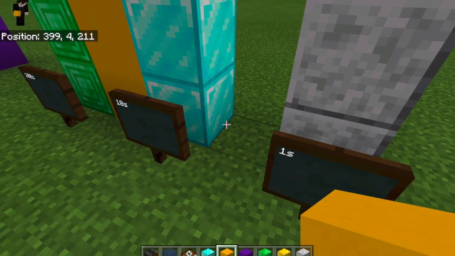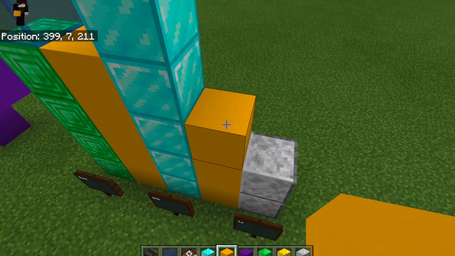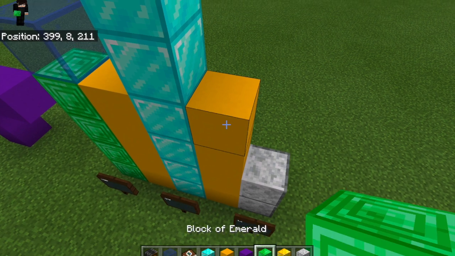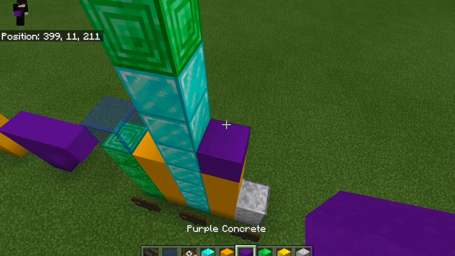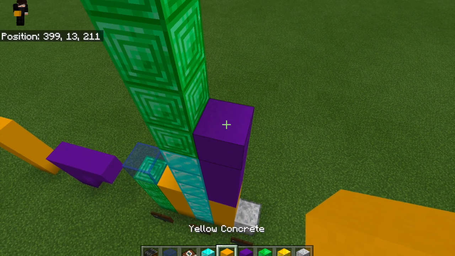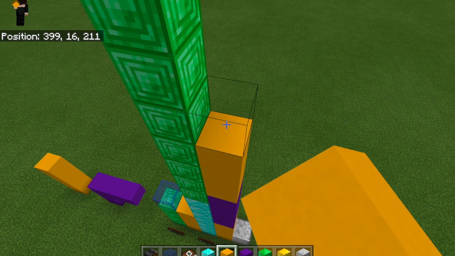So we get our concrete, and 2 colors of concrete, so we get 1 divisor there. We get another divisor here. To make sure you keep on going up by 4.